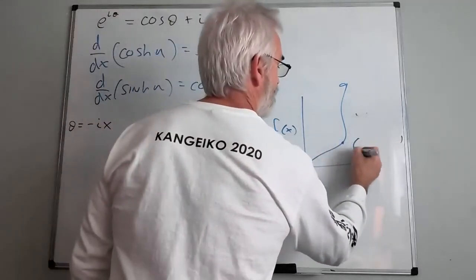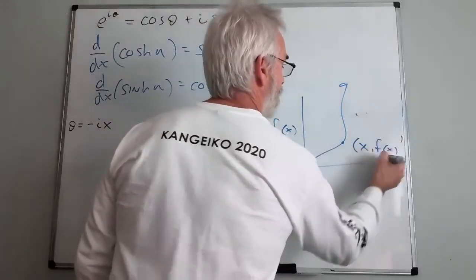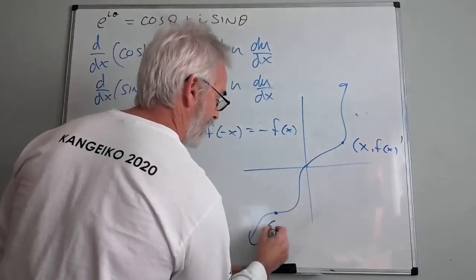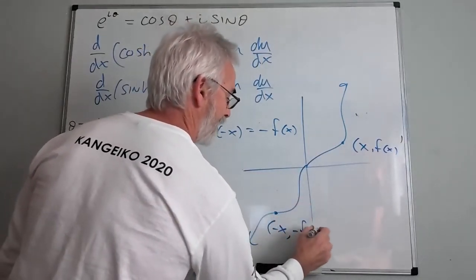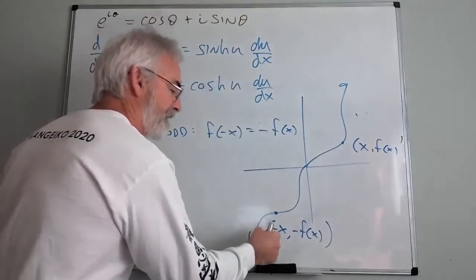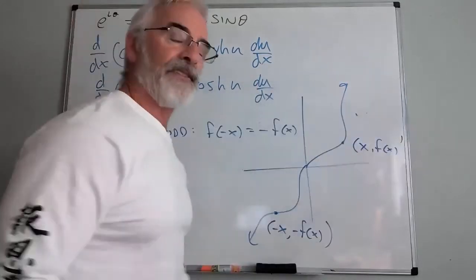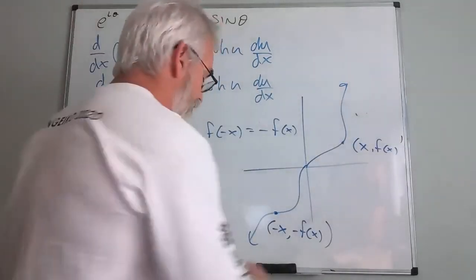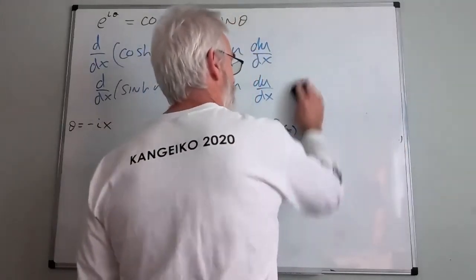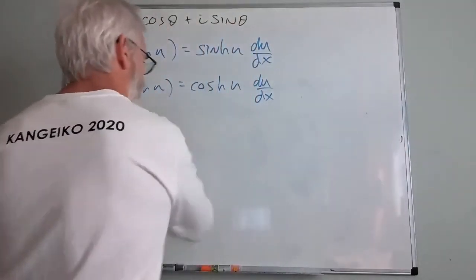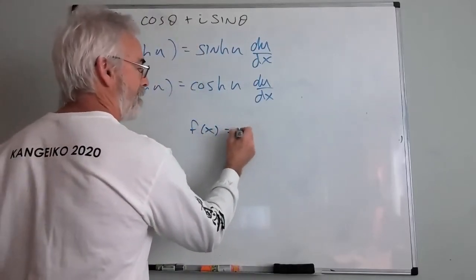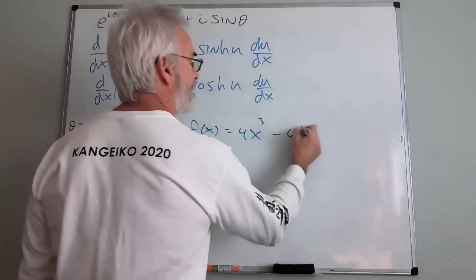So if I have this point here, x, f of x, down here its mirror image point is negative x, the negative of f of x. So this is 10 comma f, this will be negative 10, and then the negative of the f. That's a feature of odd functions. So an odd function is one where if I replace x with negative x, it changes the sign of the y value. I'll do a really simple one here. f of x is 4x cubed minus 6x.